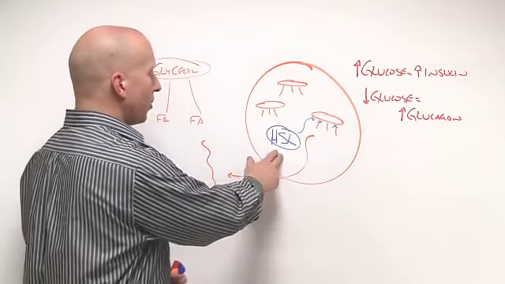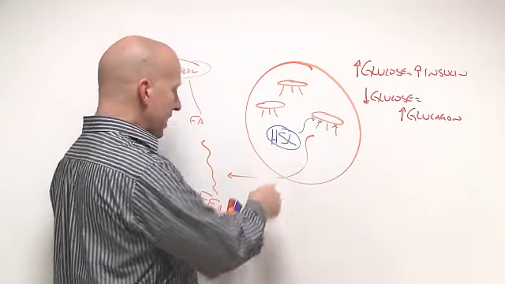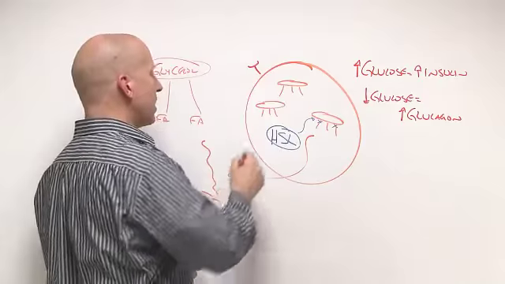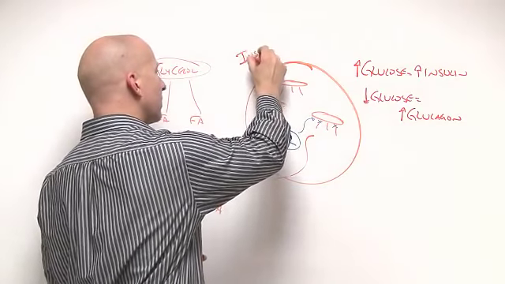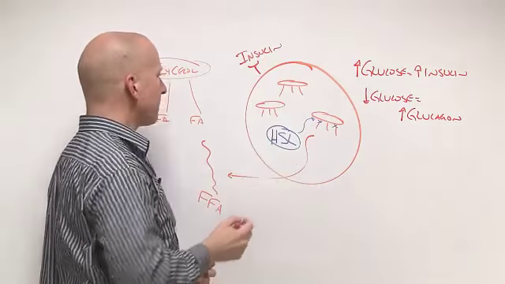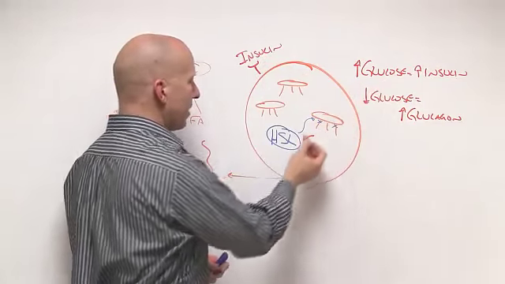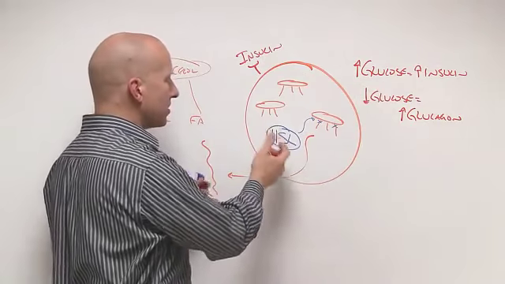So as it pertains to hormone-sensitive lipase, if insulin is binding and attaching to the receptors found on fat cells, that generally means that glucose is high, and therefore hormone-sensitive lipase will stay put.